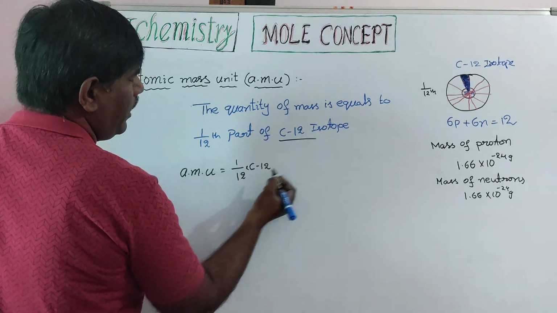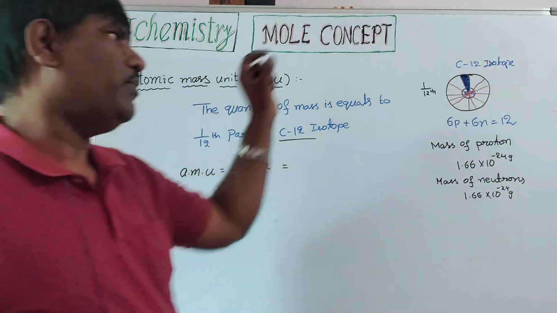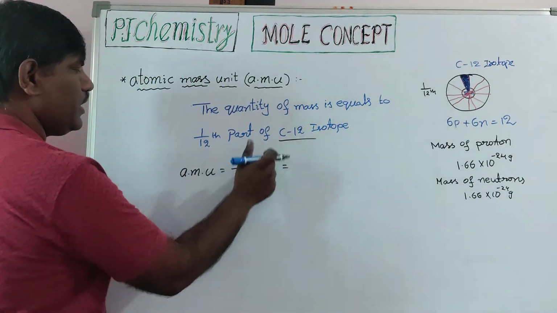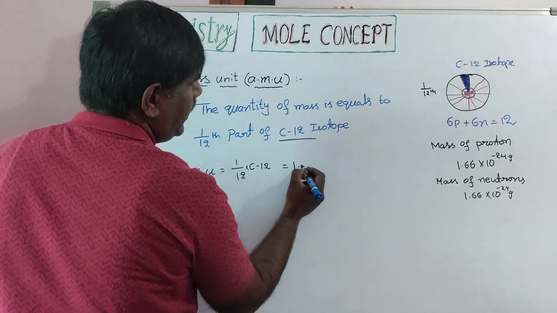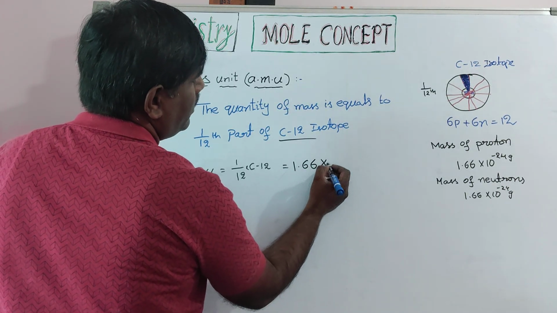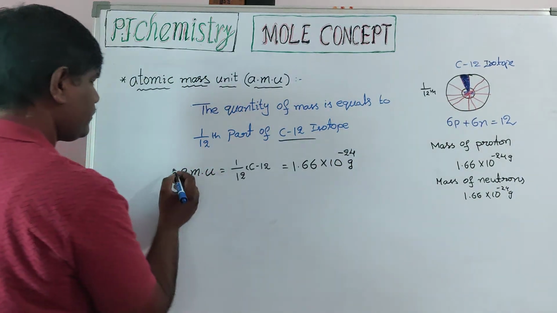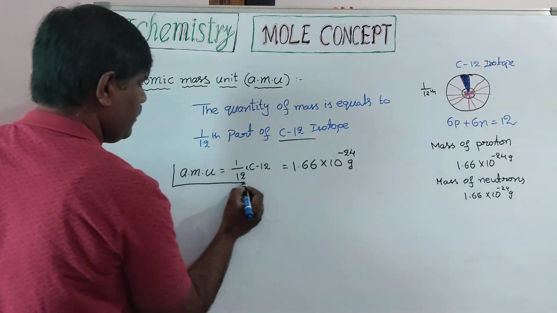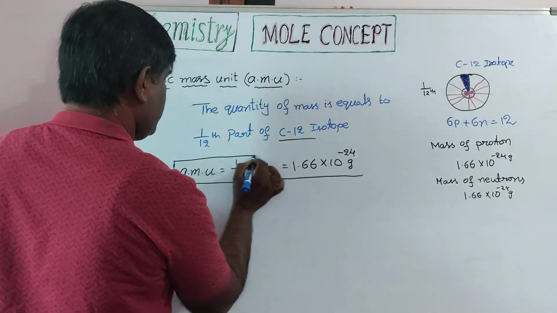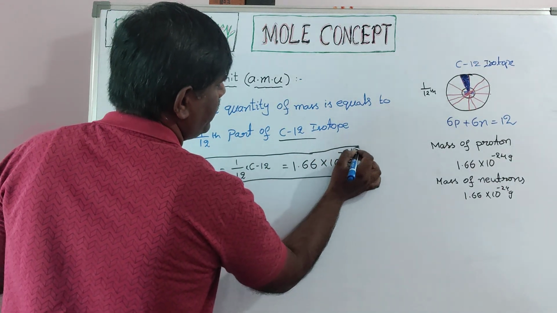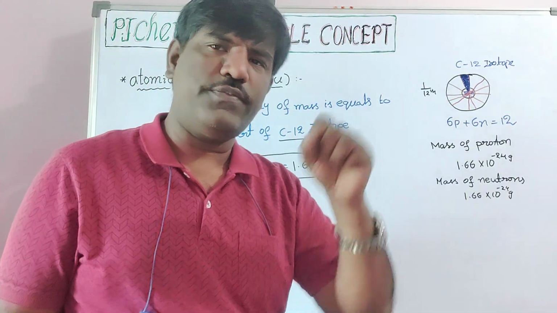Carbon 12 isotope is equal to 12 parts; 1 by 12th part, 1 unit value, how much? 12, 12 cancel, 1 unit value how much? 1 proton or 1 neutron value, 1.66 into 10 to the power of minus 24 grams. You take any element, mass of proton, mass of neutron value is fixed. How much? 1.66 into 10 to the power of minus 24 grams.